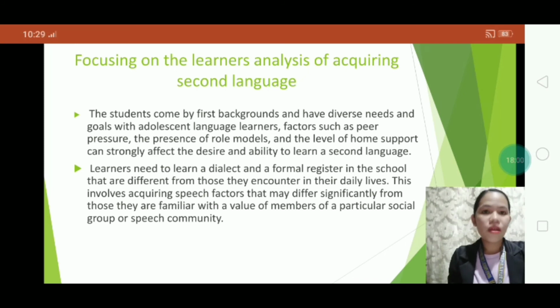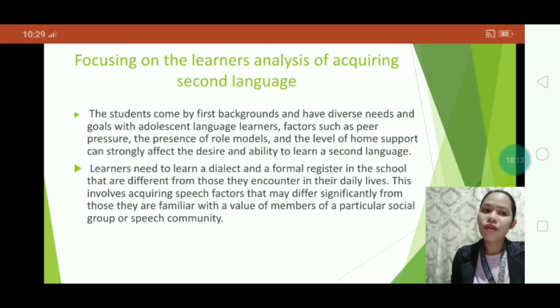And the second one, learners need to learn a dialect and formal register in school that are different from those they encounter in their daily lives. This involves acquiring speech features that may differ significantly from those familiar to members of a particular social group or speech community.